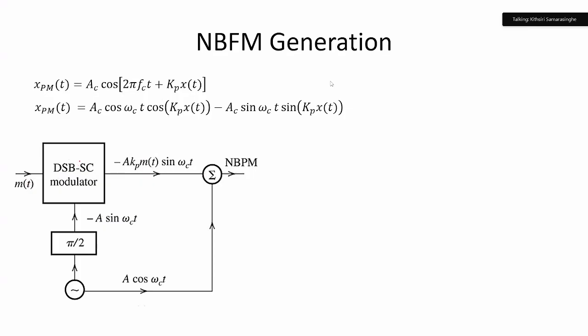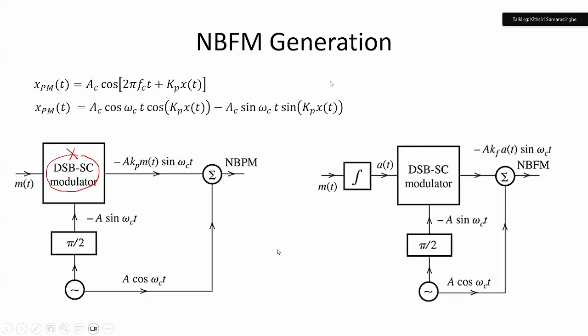You can notice how useful is the double sideband suppressed carrier modulator, which we call the ring modulator, because it can do the multiplication. So for generating narrowband FM, you can use the multiplication. This way, you can create a modulator circuit. Right?